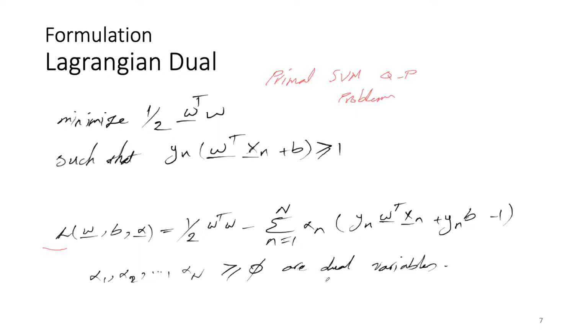We call them dual variables, the alphas, times y_n (w transpose x_n plus b) minus 1. So this is the dual Lagrangian. Now we have several alphas to find as dual variables, right? So this is the dual form of the SVM. Now let's see how we're going to find these parameters.